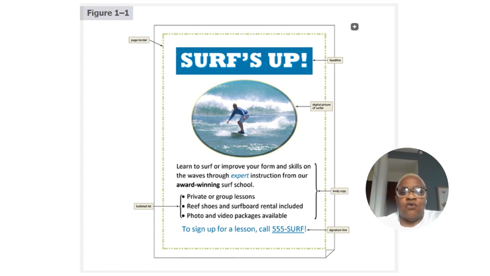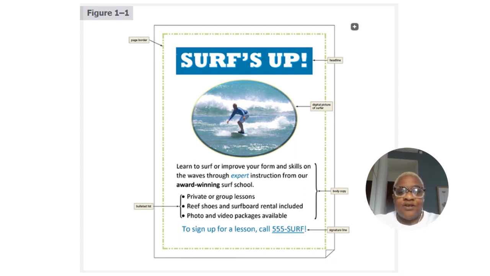There's a picture of the surfer right there. What's the reason for using that picture? Because it entices people who are passing by to stop and look at the flyer. The picture is big on the page, and people passing by might think, wow, what's this about? So it captures the attention of people passing by.